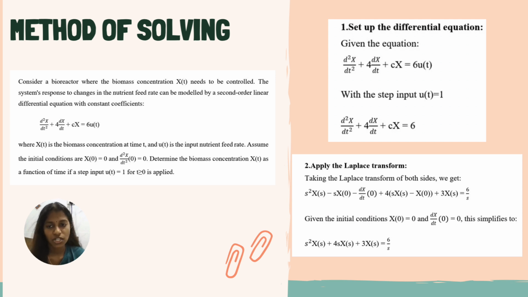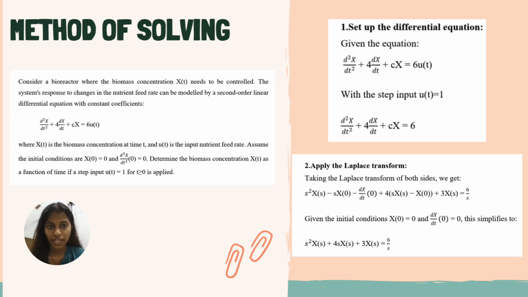Assume the initial conditions are x(0) equals 0 and dx/dt equals 0. Determine the biomass concentration as a function of time if a step input u(t) equals 1 for t more than 0 is applied.